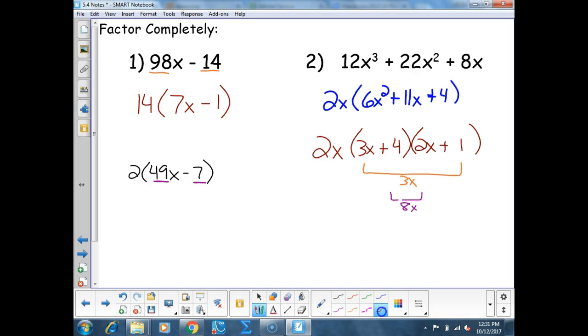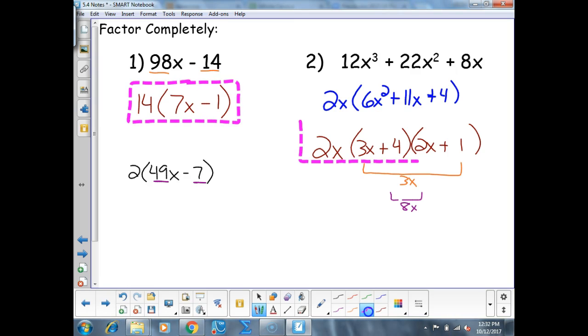Then what would we have had to do? Then we would have had to go on to 6 and 1 and try them all over again. Okay? So there are our answers for the first two.